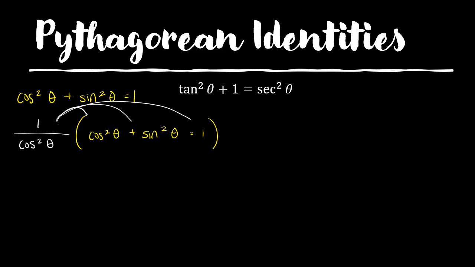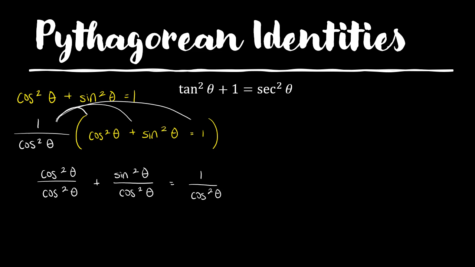We're going to end up with a cosine squared over a cosine squared. Then we have a sine squared over a cosine squared. Okay, and then 1 times 1 over cosine squared, that's just going to be 1 over cosine squared.